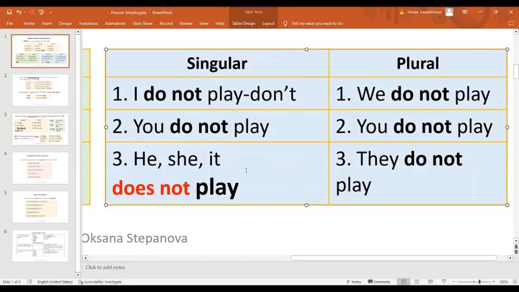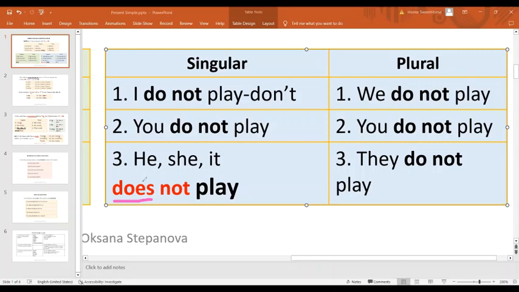Now again, we have trouble with the third person singular, right? Because it takes changes. And look again here, look at the auxiliary or helping verb do, infinitive. It takes the present simple tense suffix, es. And that's it.